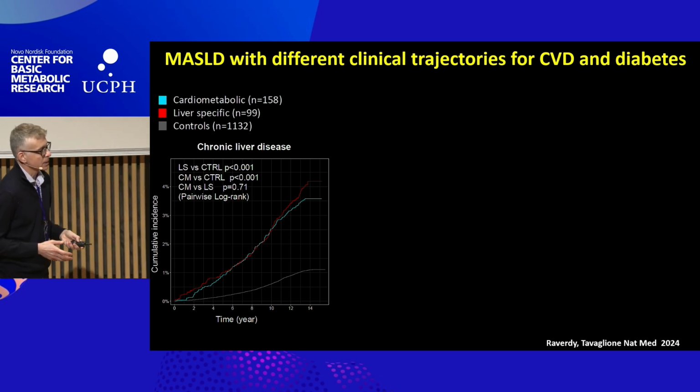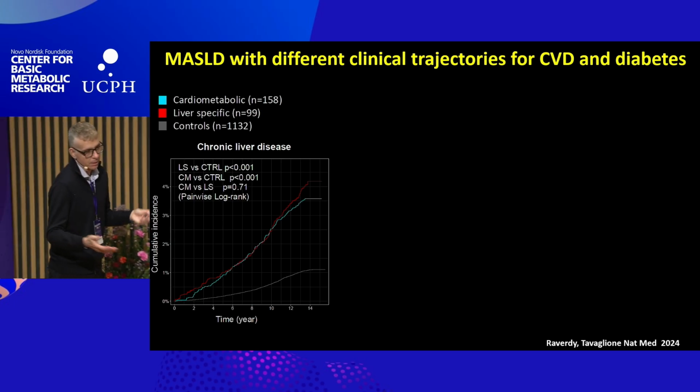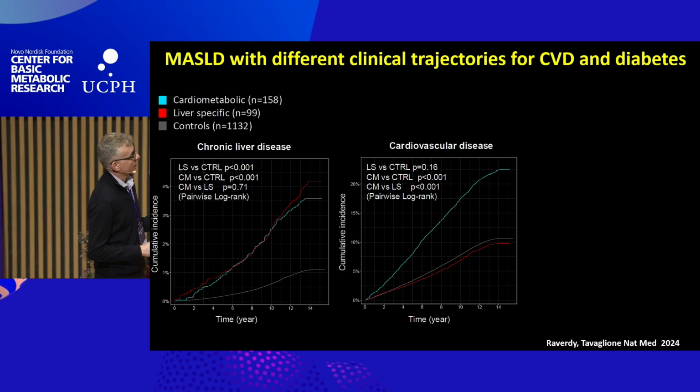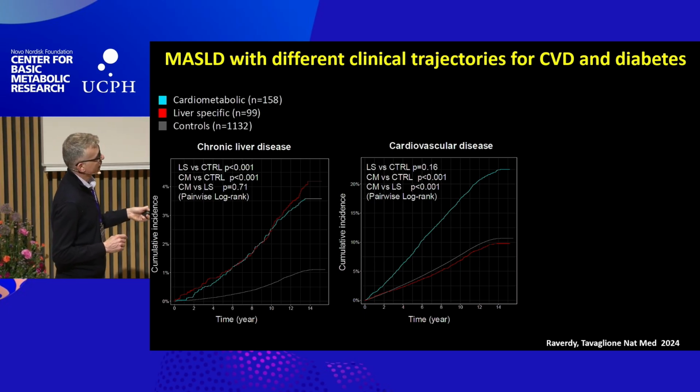I think this makes sense because they had also similar liver disease in histology. However, what was different was cardiovascular disease. It was basically only in this that we then call cardiometabolic because of the HbA1c and triglycerides and the outcome. While in the one that we call liver specific, there was no cardiovascular disease whatsoever.